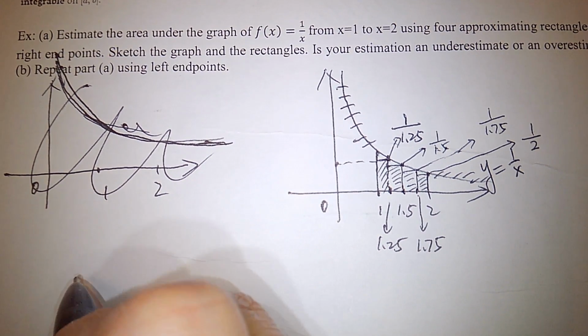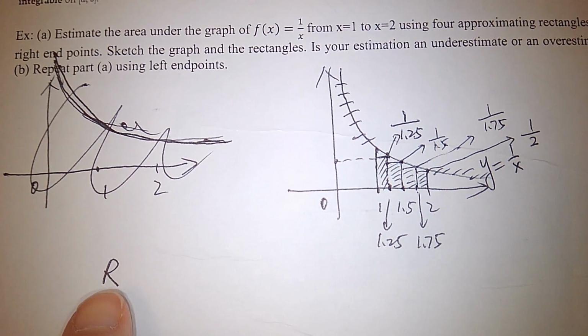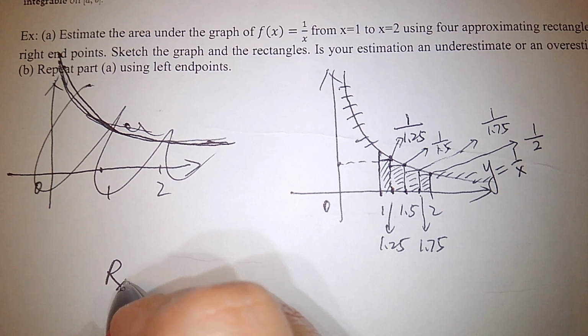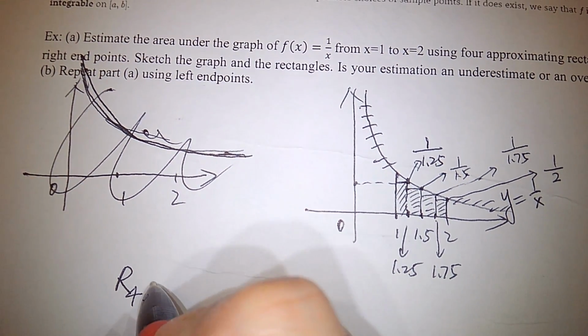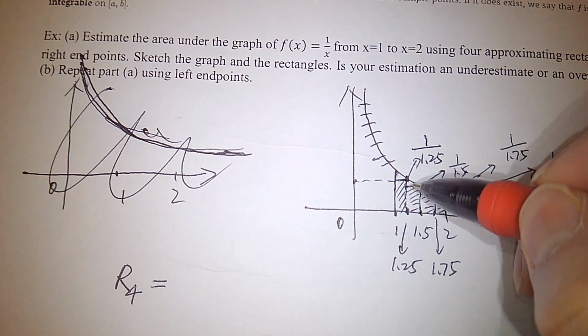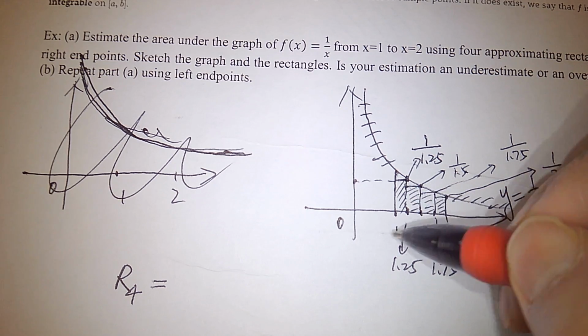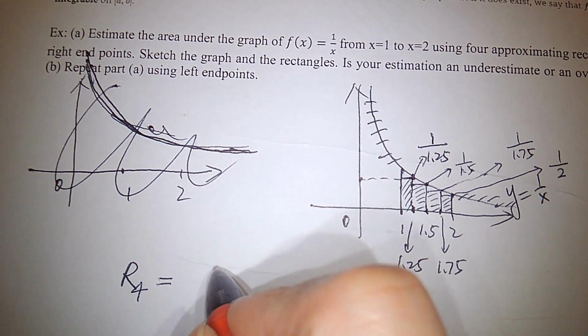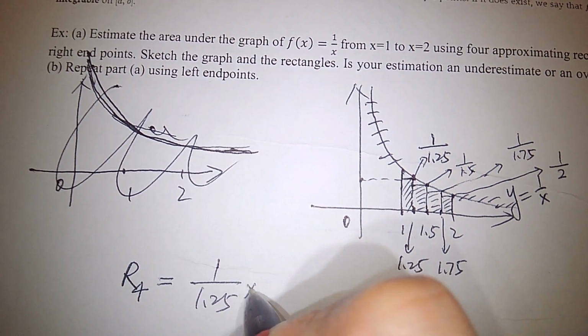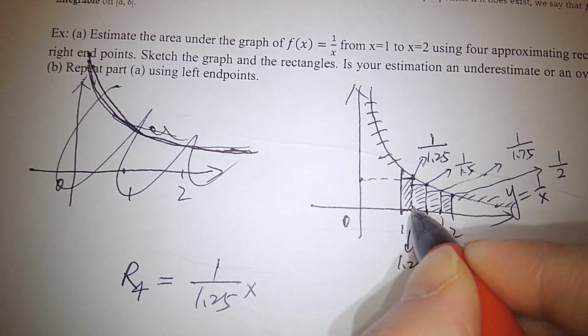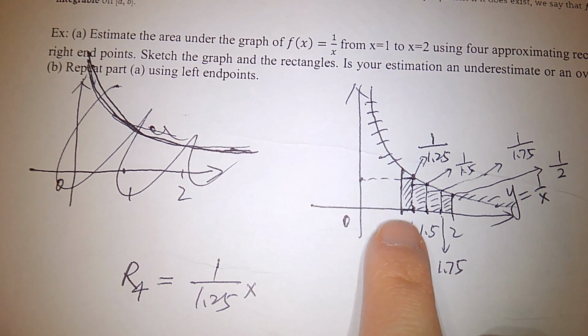So I use R, which is the right endpoint, with 4 rectangles. R4 equals what? Height times width, right? So the height is 1 over 1.25 times, what is the length of each subinterval? 1/4.